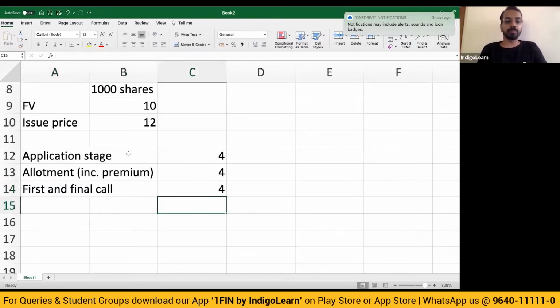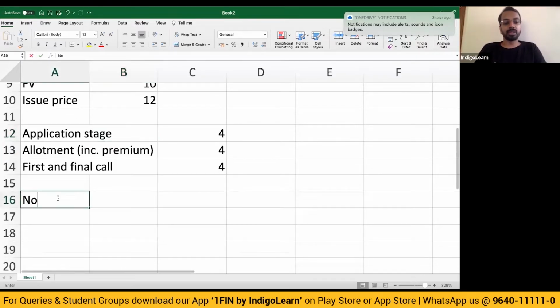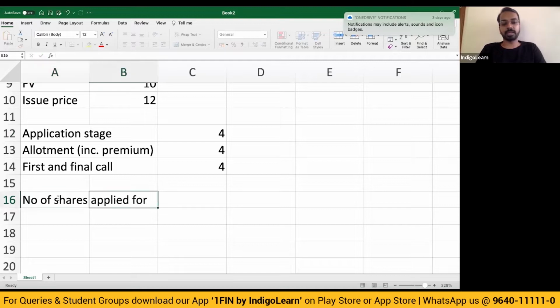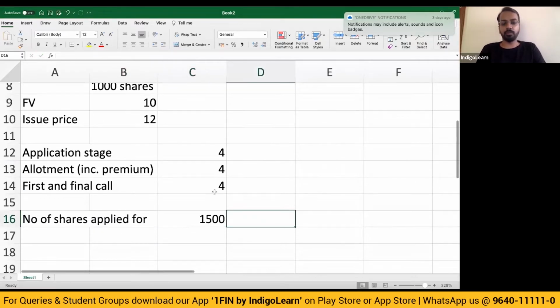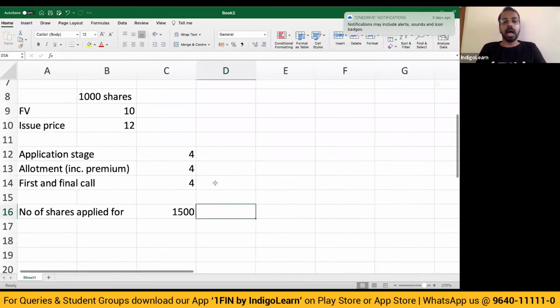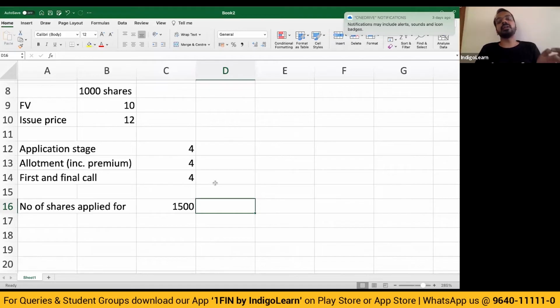Okay. Now, in the application stage, first the applicants or the shareholders will apply for some shares. So assume for a moment the number of shares applied for is, say in our case, 1500. Okay. Now, how much money is the company collecting at application stage?